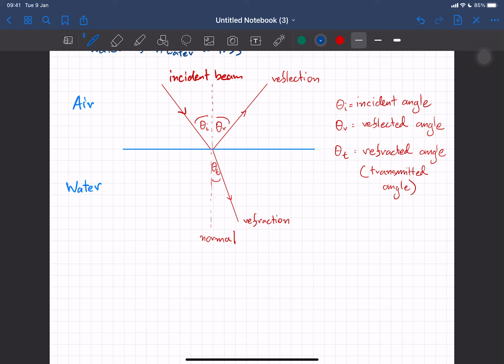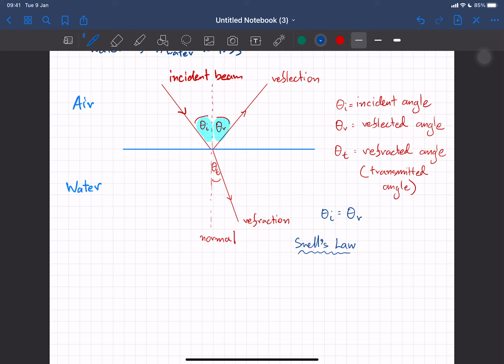The first one is that the incident angle is always the same as the reflected angle. So that means this angle is the same as this. And the second one is called Snell's law. This one relates the incident angle with the transmitted angle, or the refracted angle. And again, this can be proved using electromagnetic theory.